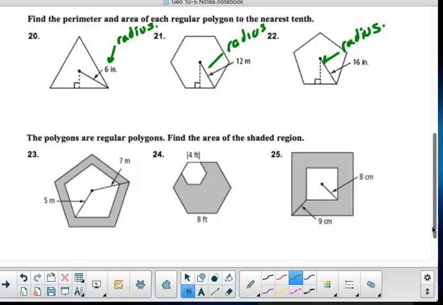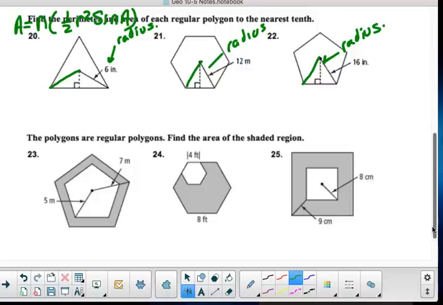I wonder how many sides this has? All the triangles in there. Let's see if you get this new formula. And remember, the formula is A equals the number of sides times 1/2 radius squared sine of A, and A is the central angle.